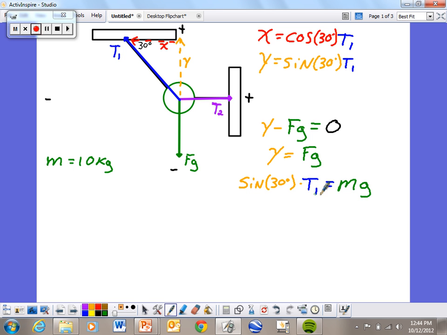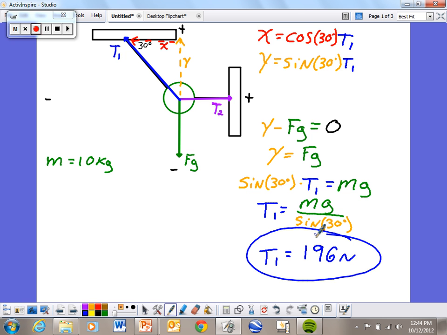We're trying to solve for the tension right here, so I can just divide mg by the sine of 30 degrees. In case you forget, the mass given in the problem is 10. So once I plug in my numbers, I would get that T1 is equal to 196 newtons.